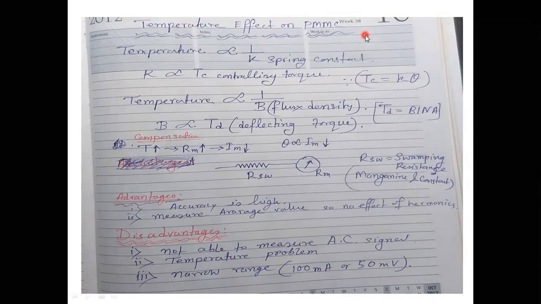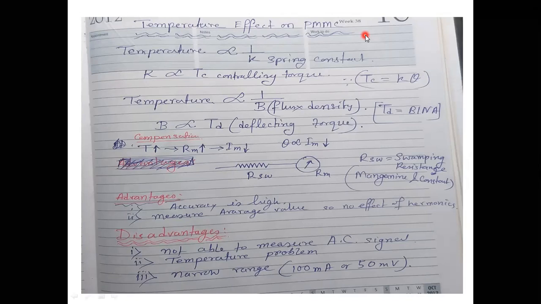Three torques, or three forces, are required to make an analog instrument. That is the deflecting torque, which is provided by the interaction of the moving coil and the magnetic field.